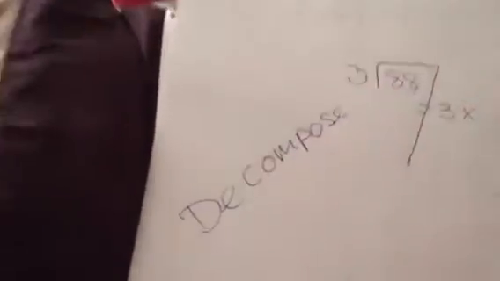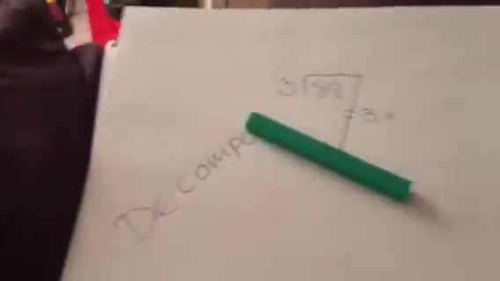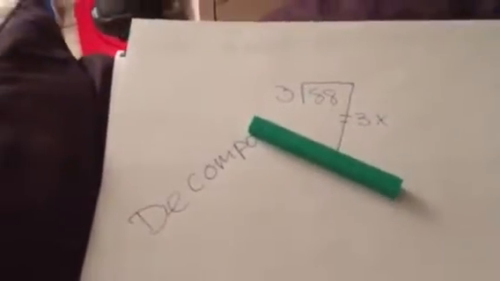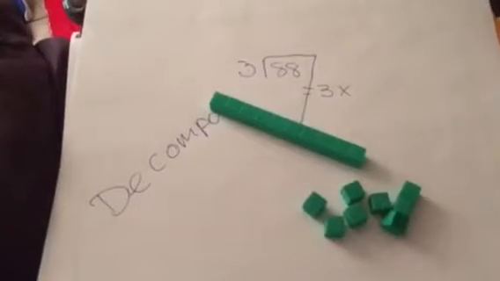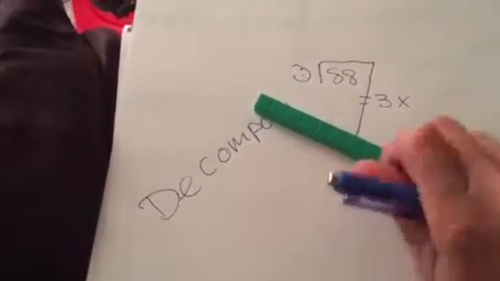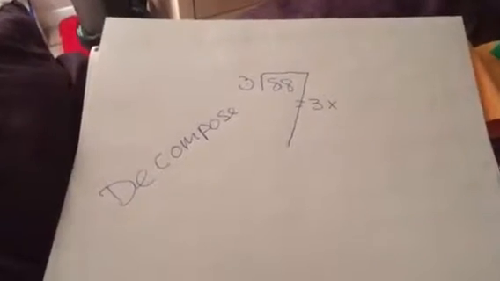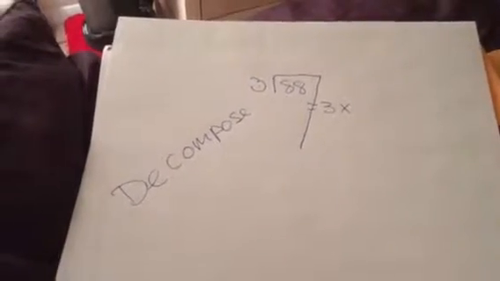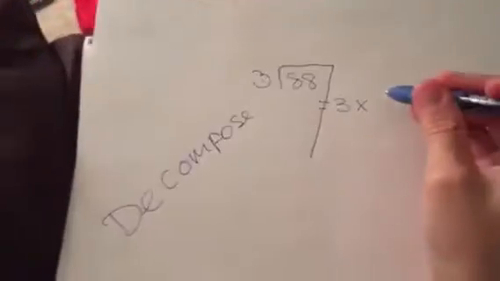Now you saw me do that before when I took the rod right here and I decomposed it into units, right? Well, we're going to do the same thing with numbers. So we're going to think about basic facts that we know. I know that 3 times 10 gives me 30.